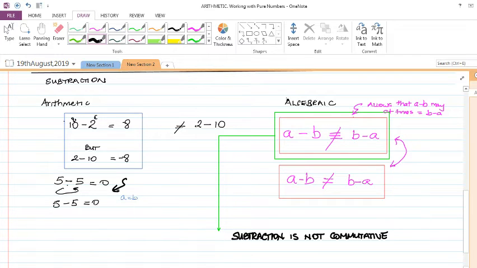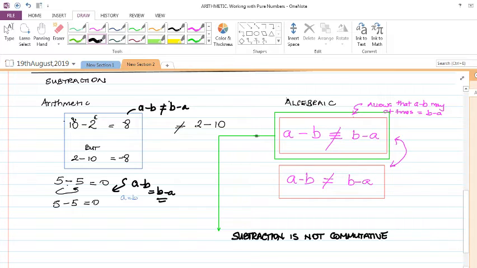Right? Here, a minus b happen to be equal to b minus a. Right? But here, a minus b was not equal to b minus a. And therefore, we can conclude from that that subtraction is not commutative.